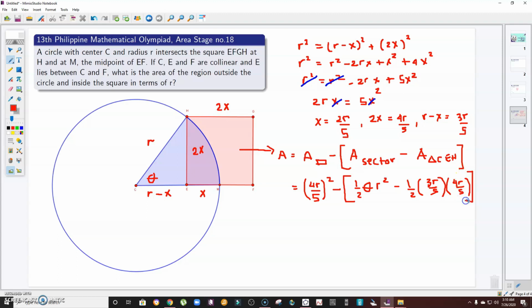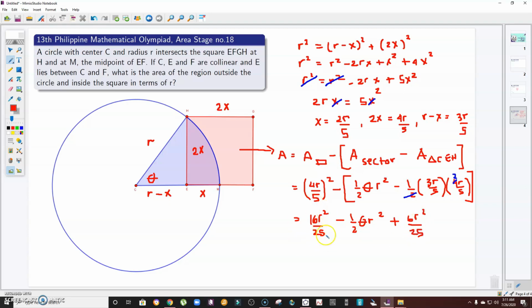Now this (4r over 5) squared will become 16r squared over 25, minus 1/2 theta r squared. Then notice I can cancel the 4 and 2, and this will become positive 6r squared over 25.